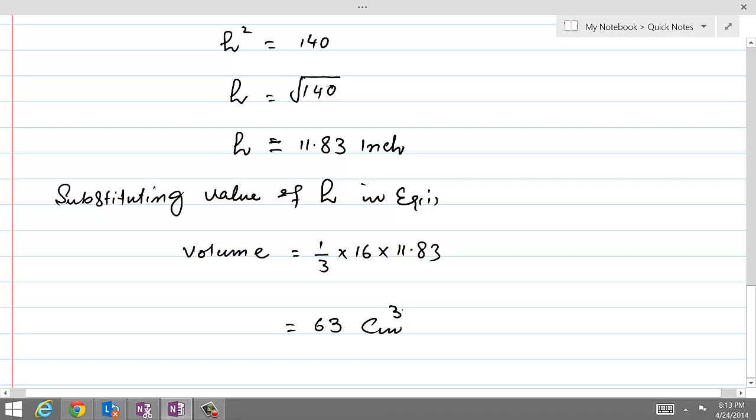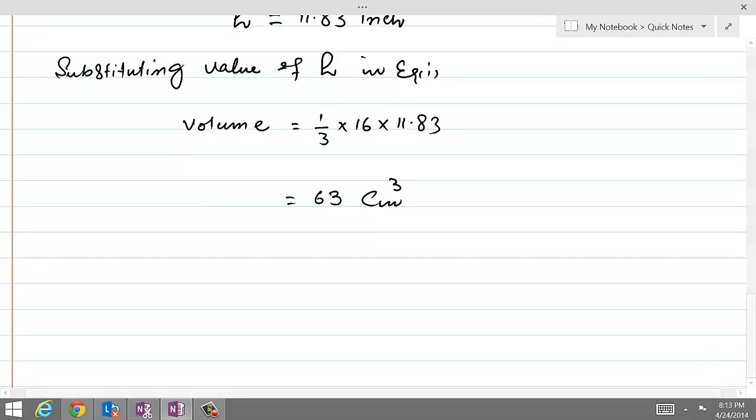Volume will always be in cubic units of length. So this was question 1, and now for question number 2.